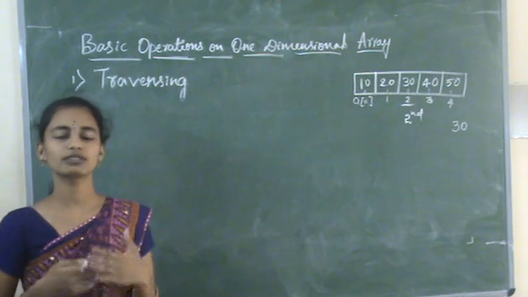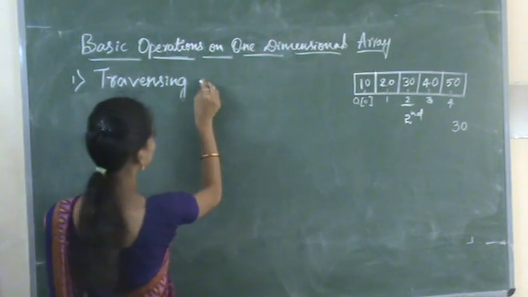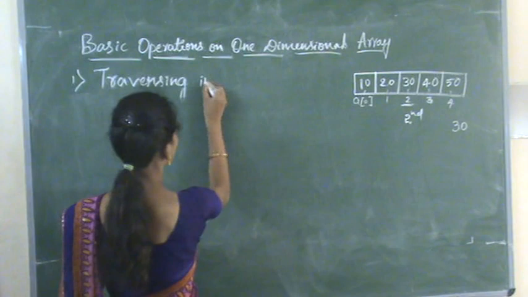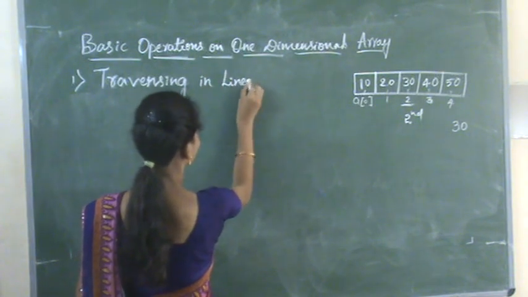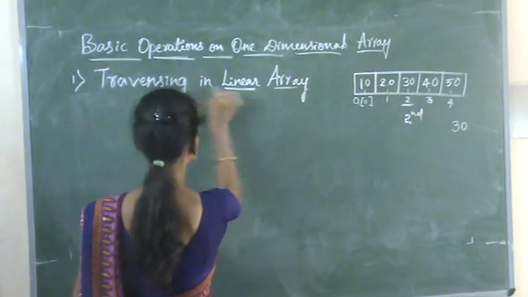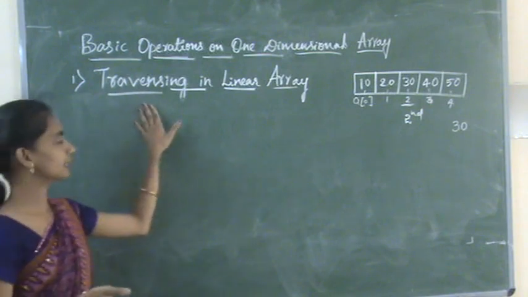Let me show how that will be performed. The first one is traversing in a linear array.